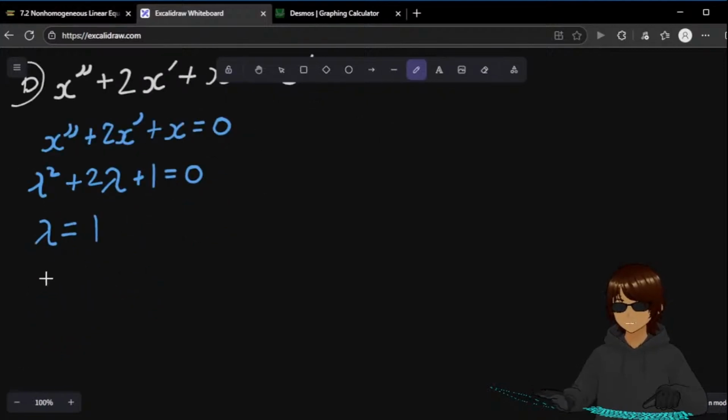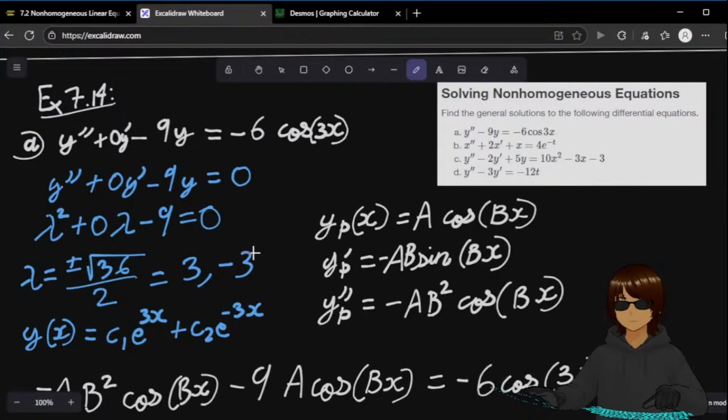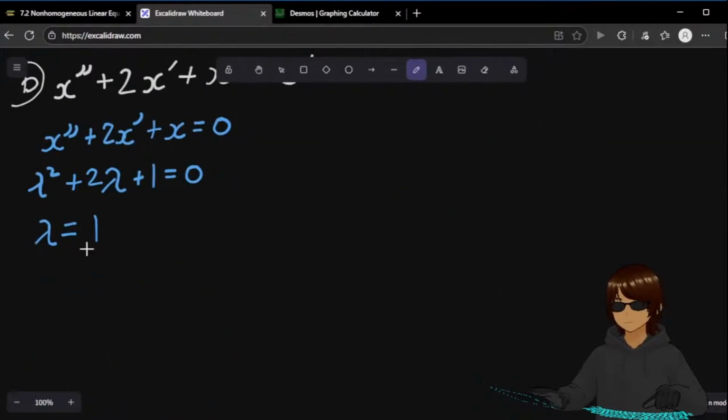So the solution is x equals c1 e to the power of minus t plus c2 t e to the power of minus t. I think it's this, right?